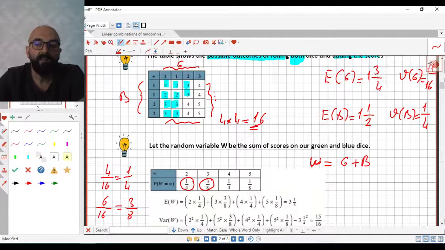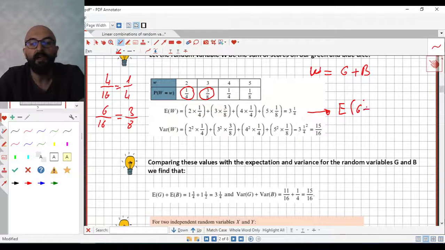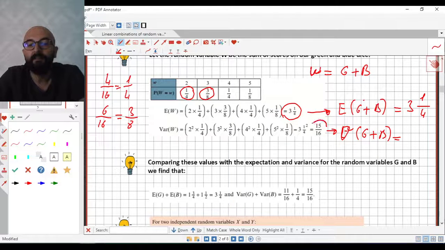If we want to figure out the expected value of W, or the expected value of G plus B, and the variance of W, the variance of G plus B, it means 3 1/4 for the expected value, and 15 over 16 for the variance.